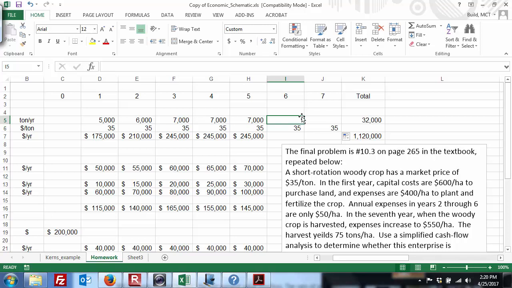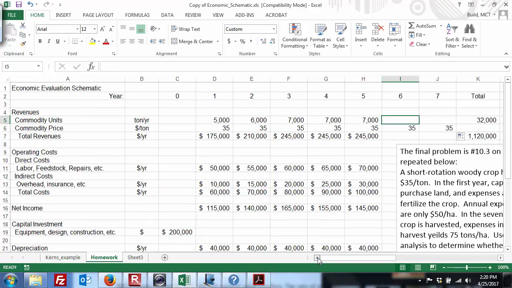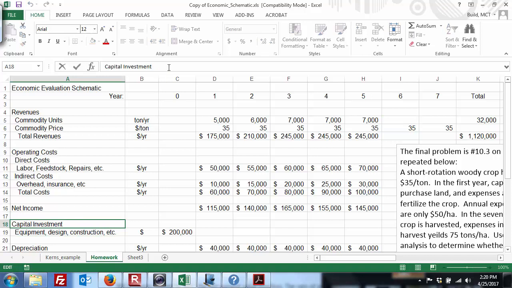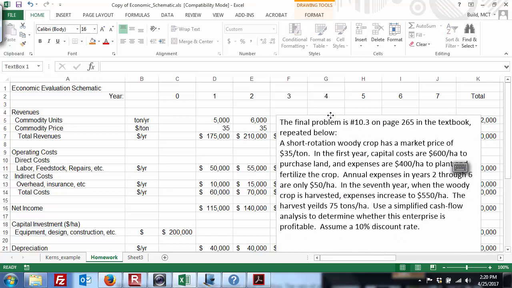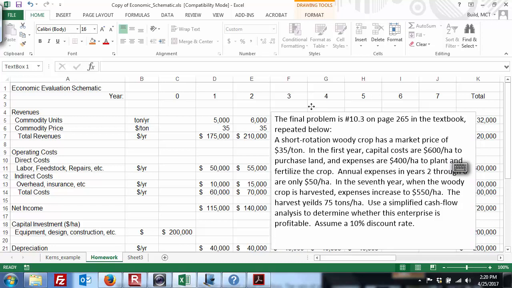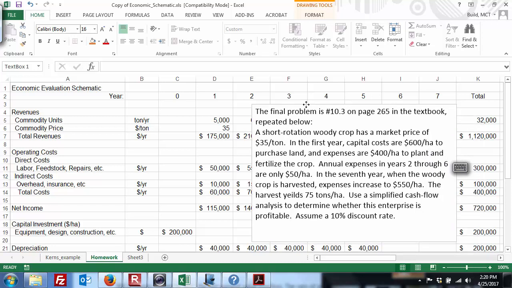600 per hectare. I'll put this in dollars per hectare. And plant.